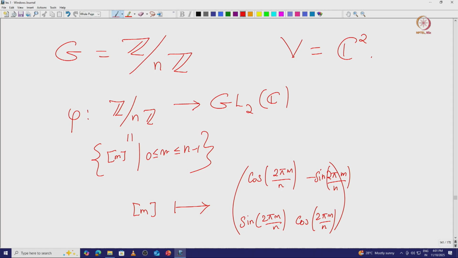So, now if you think about it, this indeed defines a representation. The action of the group element is indeed given by the rotation by 2 pi m by n. So, this actually corresponds to the rotation by 2 pi m by n.